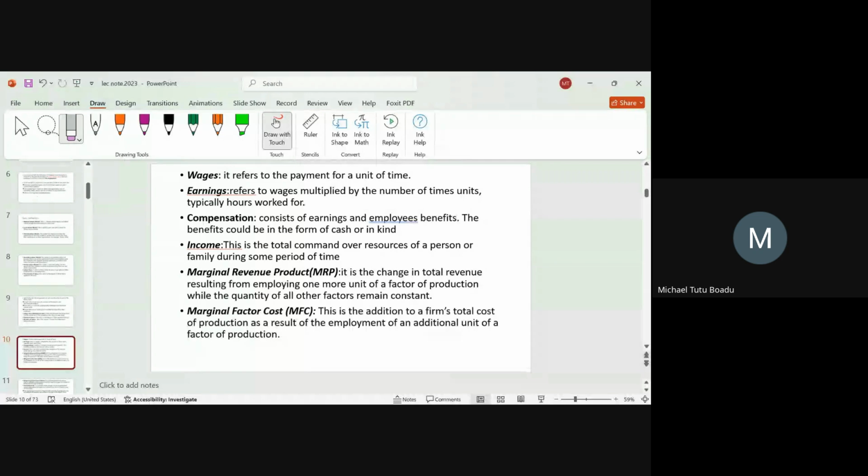Wages. Once we talk about wage, we are talking about payment per unit of time, or payment for a unit of time. This definition is for the West, but ours would be payment for a day, because we pay by the day. Our minimum wage is per day, not per hour.